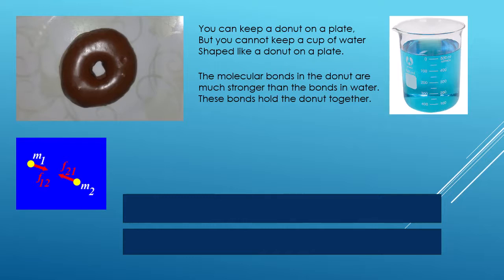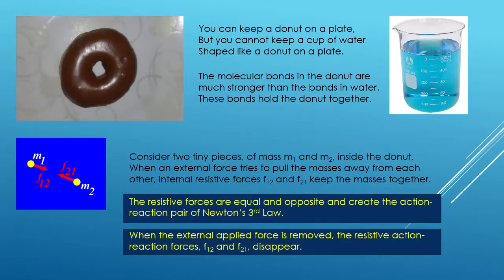And these molecular bonds hold the donut together. If you consider two tiny pieces of mass in the donut, the masses are M1 and M2 inside the donut.